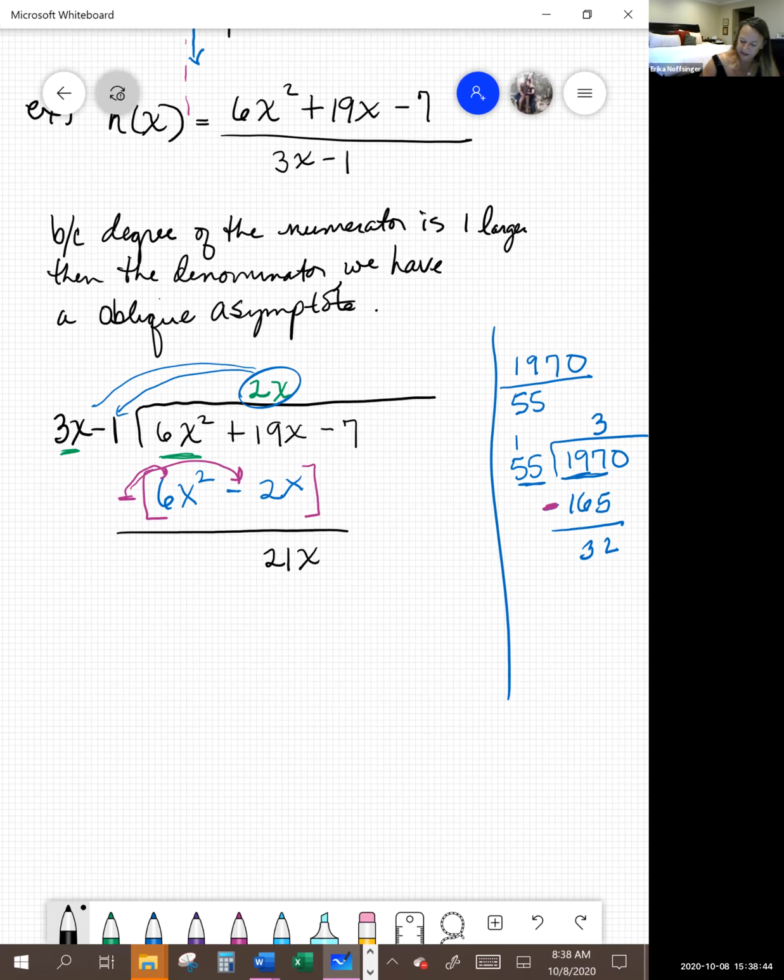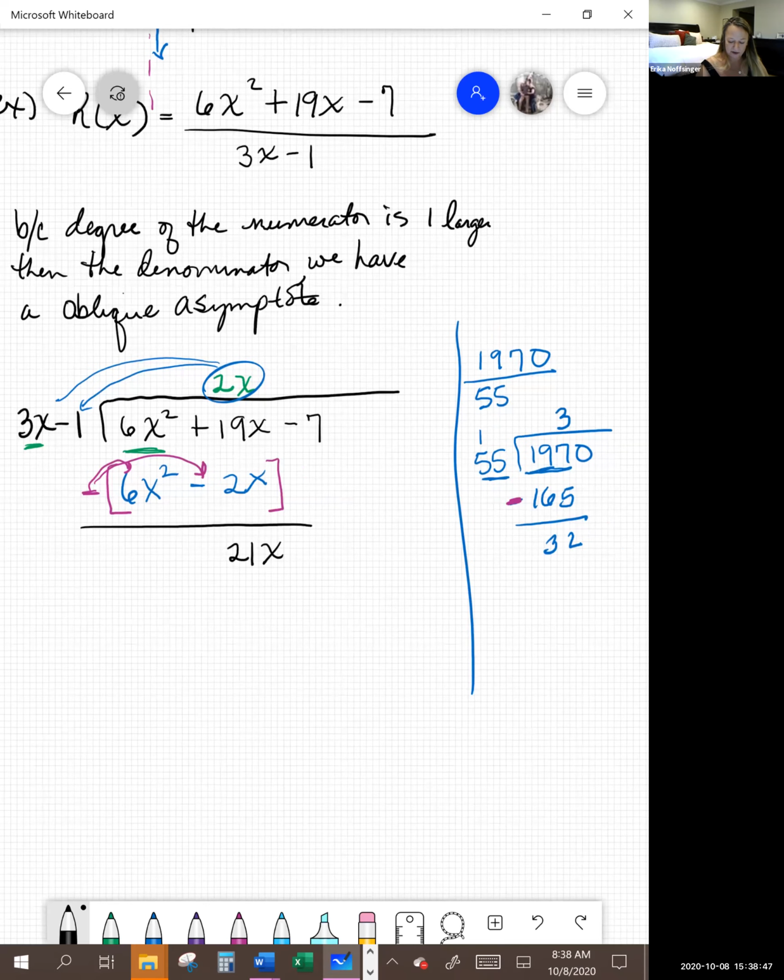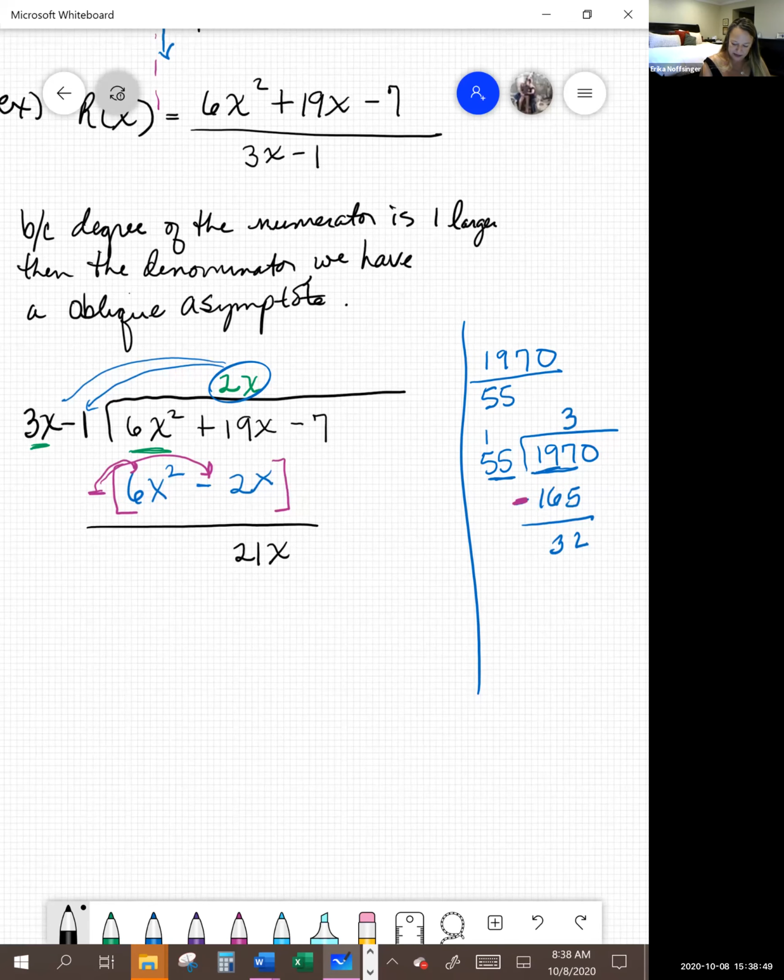Once we finished that off and subtracted, we bring down our next term. So I'm going to bring down the next term, a minus 7. And then we do it over. What am I multiplying this 3x by to get this first term down here, 21x?